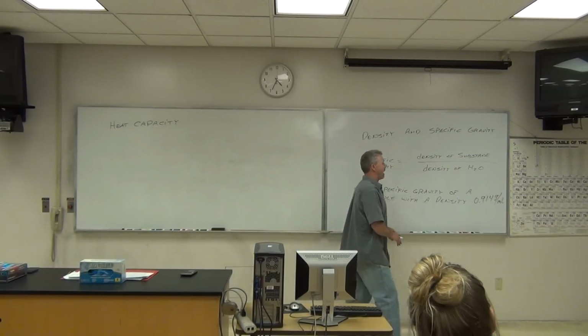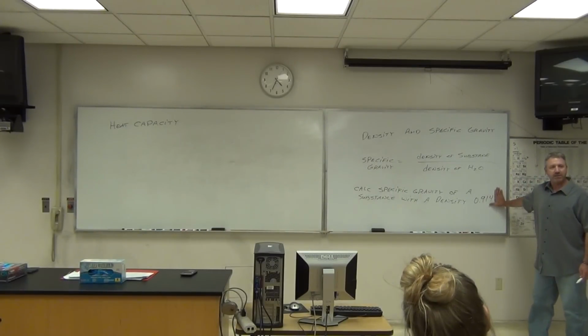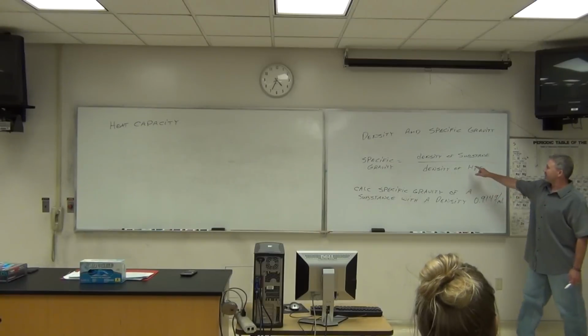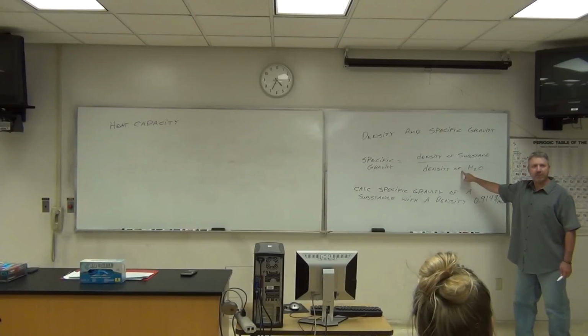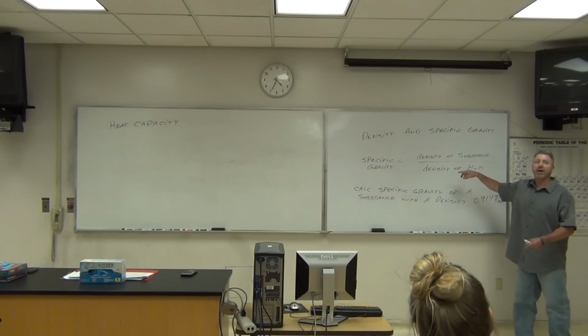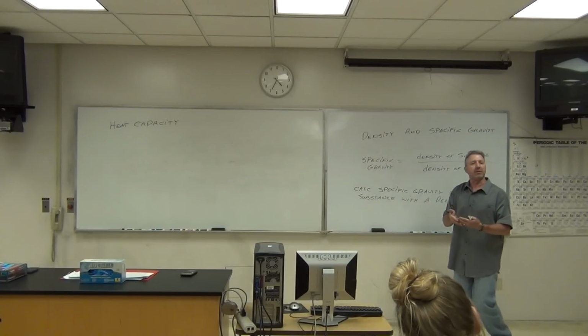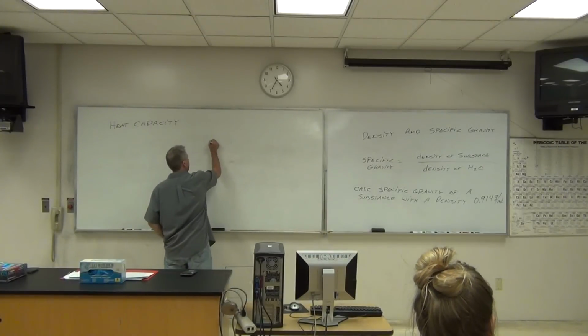The specific gravity is simply equal to the density without the units. It's the same number. Because the density of water is 1, all it effectively does is cancel out the units. Okay? So we would have something that looks like this.